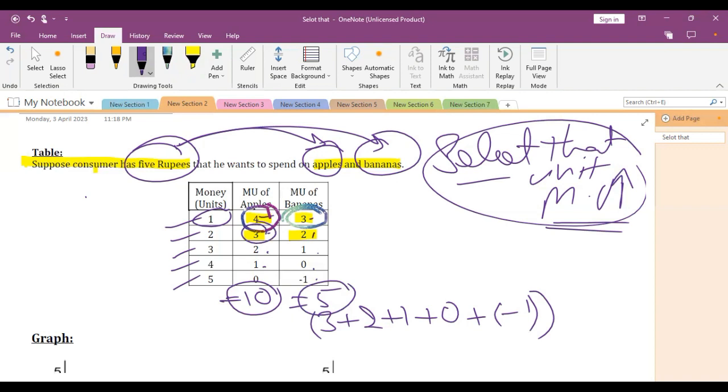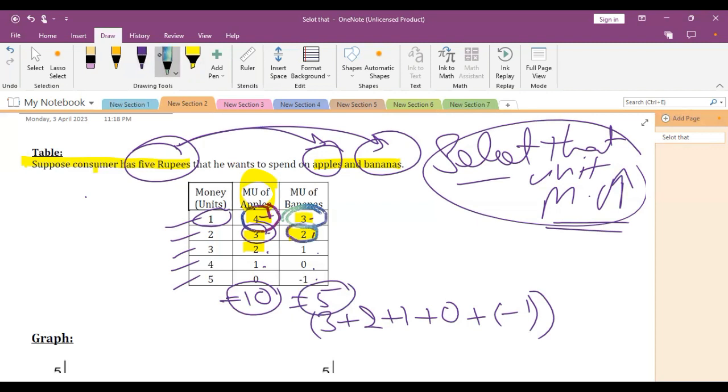At the next level, apples give 2 level of marginal utility or satisfaction, whereas bananas also give the same level of satisfaction. So the consumer has already expended 2 rupees on apples, then he will now try to consume the next unit on bananas.